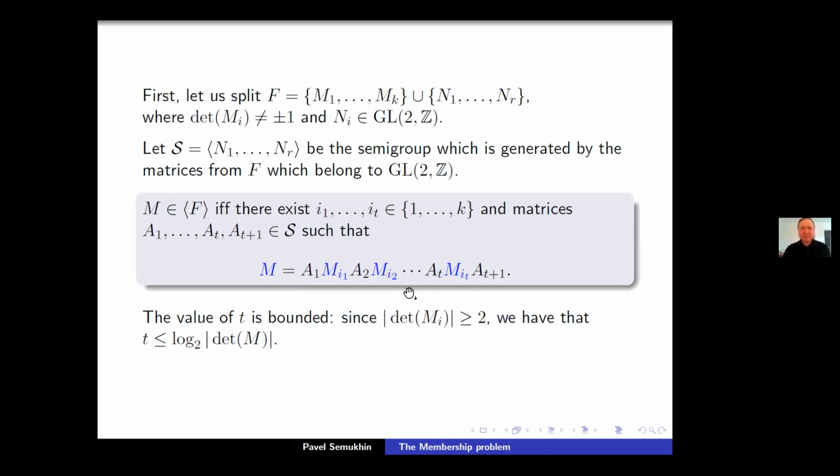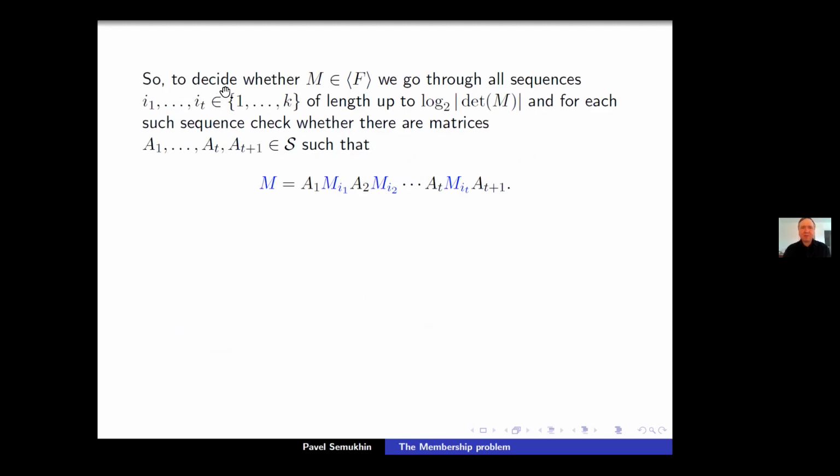Now, once we have this observation, we can solve the membership problem as follows. To decide whether M belongs to the semigroup generated by F, we can just go through all possible sequences I1 to IT of length up to this logarithm of the determinant of M. For each such sequence, we check whether there are matrices A1 up to AT plus 1 from the semigroup S for which this equation holds.